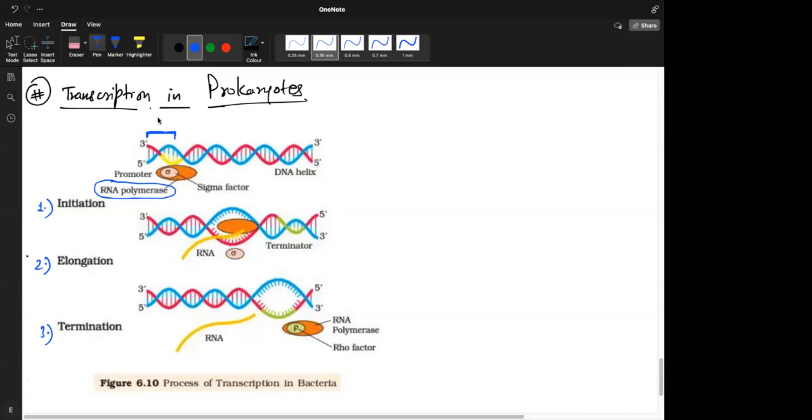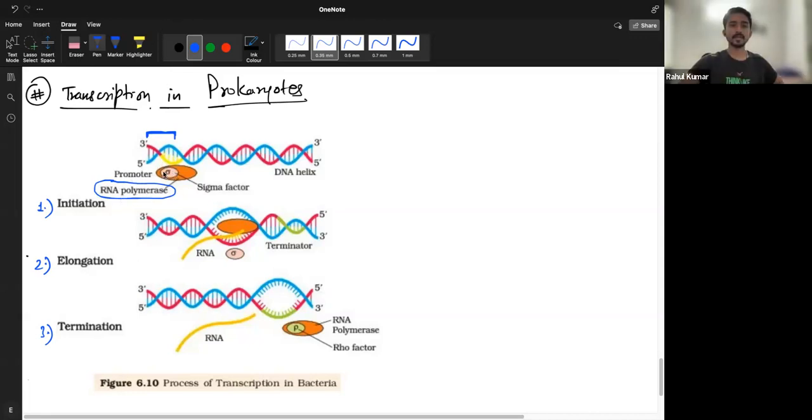Yes, sir. So RNA polymerase comes and sits at the promoter region, but how will RNA polymerase know where the promoter region is? For this, there is a protein called sigma factor, which is also called the initiation factor.